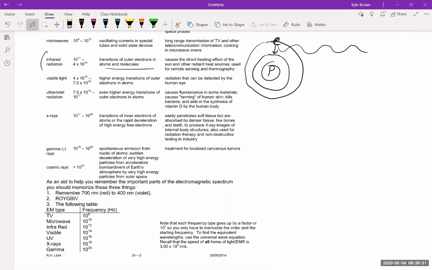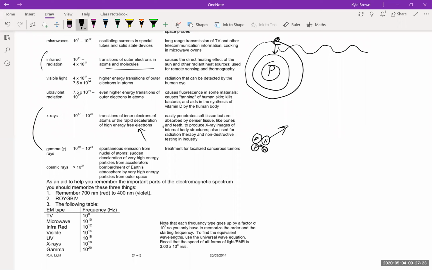Okay, and then when you get farther down here, you get X-rays and gamma rays. These types of things are happening from more inside the atom itself. So let's say you've got some nucleus and something from the nucleus, maybe a neutron, ends up escaping. Well, that makes everything on the inside kind of reassemble. They would all reassemble, and it's that accelerating, with huge amounts of force happening there and a lot of acceleration of that charge.